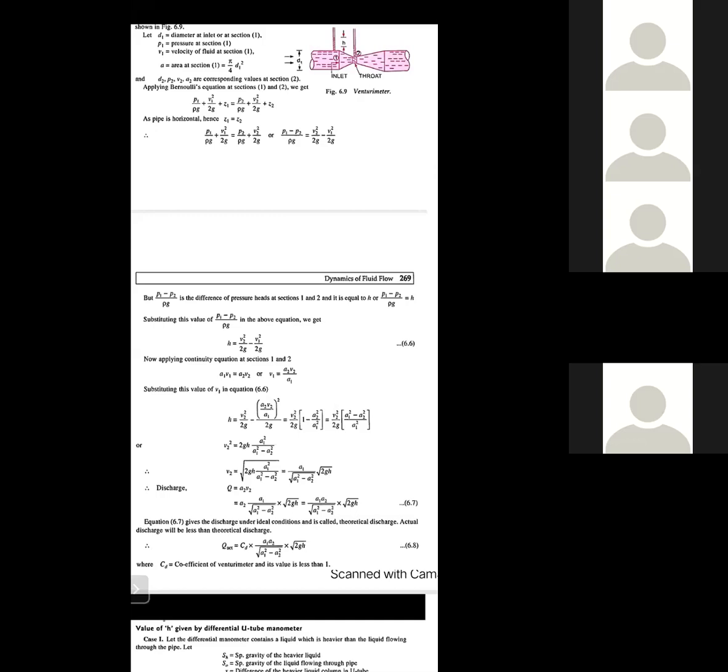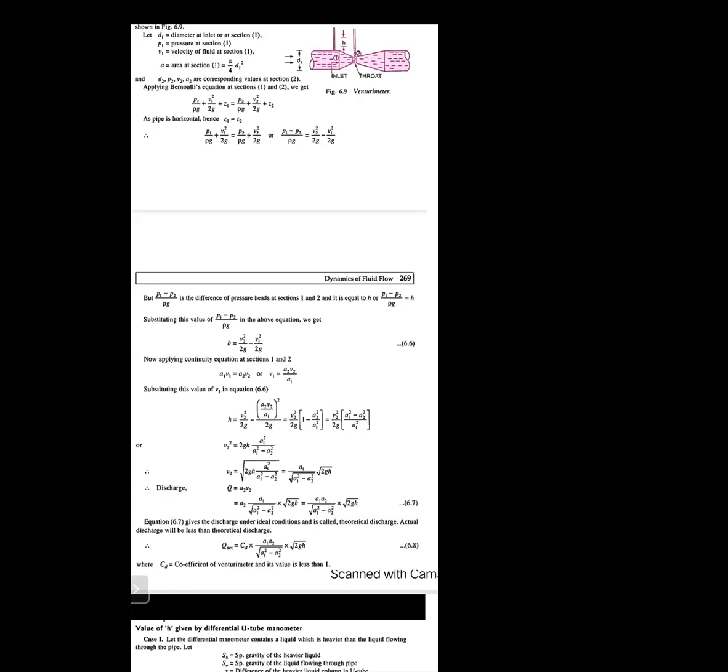Because, as we have already discussed in the previous lecture, theoretical discharge is A1 A2 upon square root of A1 square minus A2 square, multiplied by square root of 2gh. If we multiply theoretical discharge by CD, the coefficient of discharge in the venturimeter, the value of CD is always less than 1.